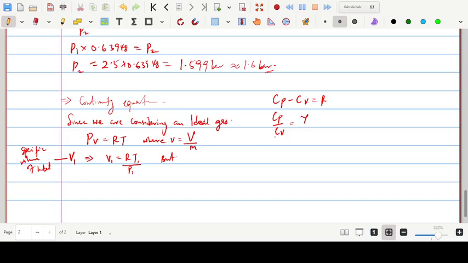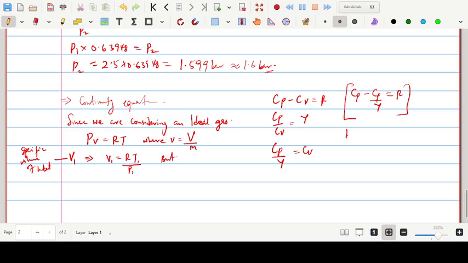So if we make Cv the subject of the formula here, we're going to have Cp over gamma is equals to Cv. Now I can put it here. What is my Cp minus Cv? That is Cp minus Cp over gamma is equals to my R. You understand? Now let me evaluate.